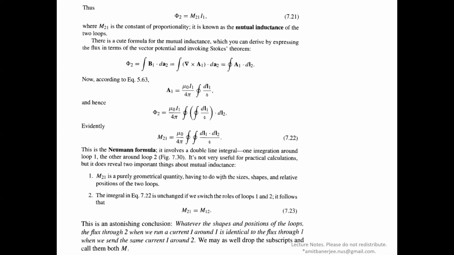So the mutual inductance vice versa will always be the same. That brings us to the conclusion that, whatever the shapes and positions of the loops, the flux through 2 when we send a current I around 1 is identical to the flux through 1 when we send the same current I around 2. We may as well drop the subscript and call them both M.